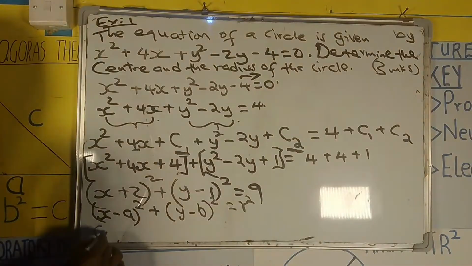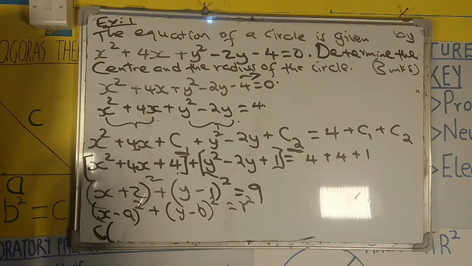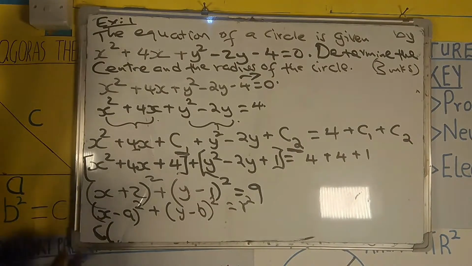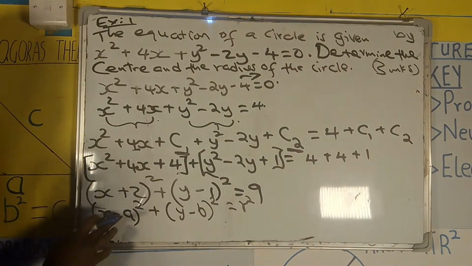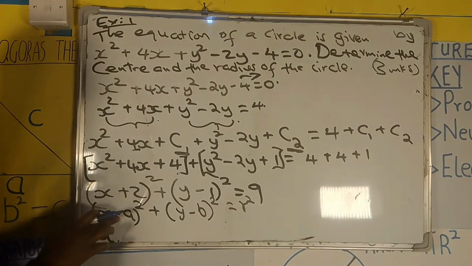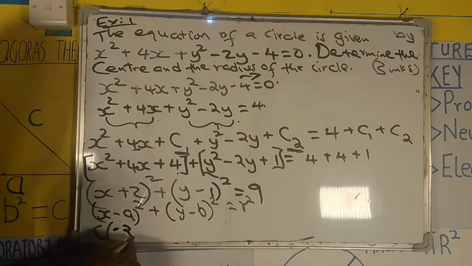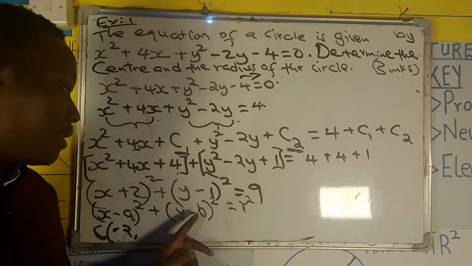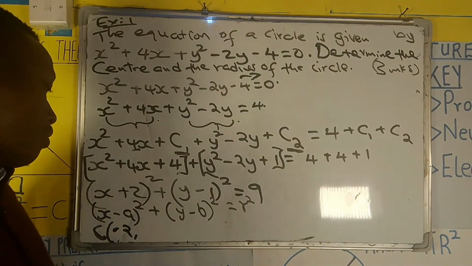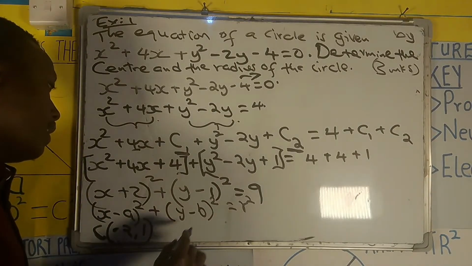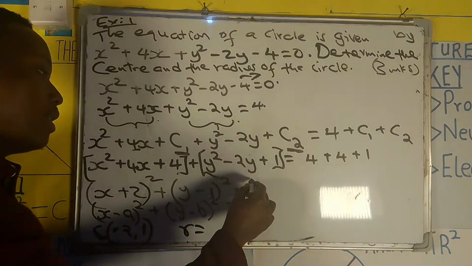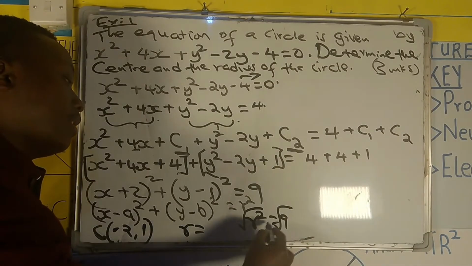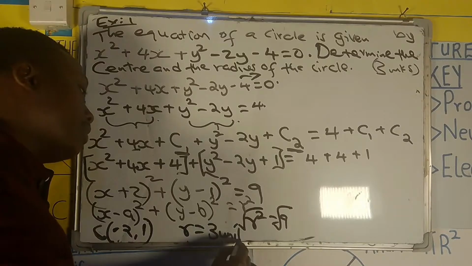So our center will be equal to, since this is h plus 2 and here it should be h minus, for it to be plus it means there was a minus 2, h minus minus 2. So this one is minus 2. Then let us go here. This is y minus b and this is y minus 1, meaning this was 1. Then our radius will be the square root of 9, which is 3 units.